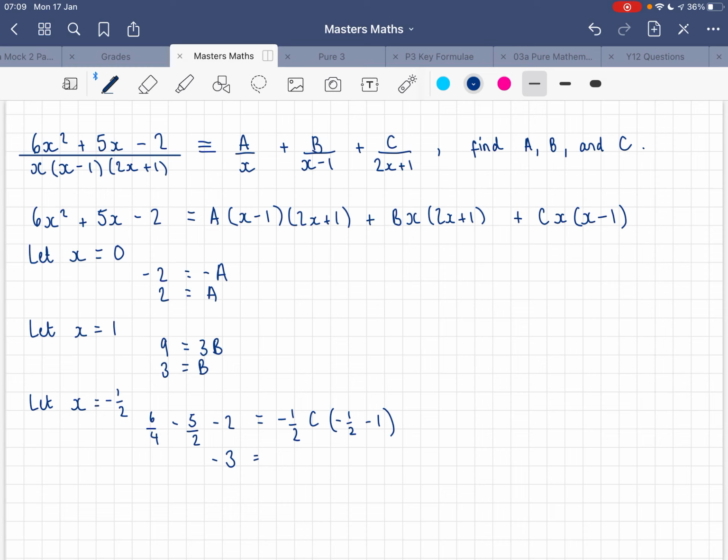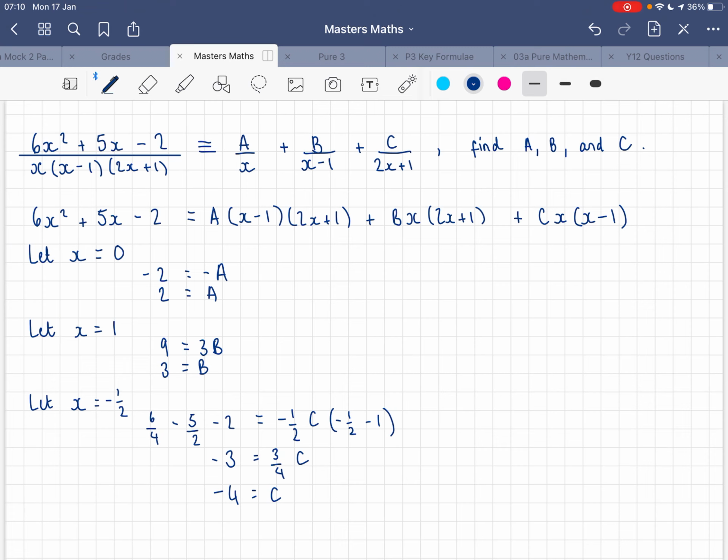Multiply it by negative a half is 3/4. So I get 3/4 c over here. So divide by 3/4 gives me 4. C is equal to 4. Negative 4. Oh, because it's minus 3. Yeah, of course. Negative 4.